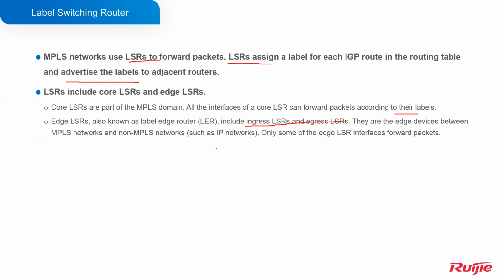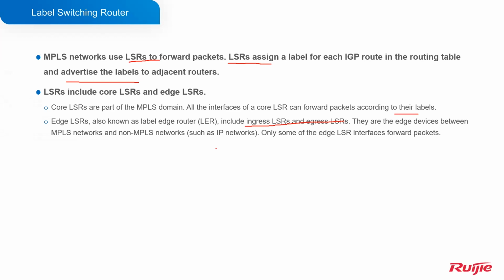On the edge LSR, some interfaces belong to the non-MPLS network, so this router must recognize information like the IP, and also encapsulate the message with the MPLS label, and then forward the message out according to the label information.